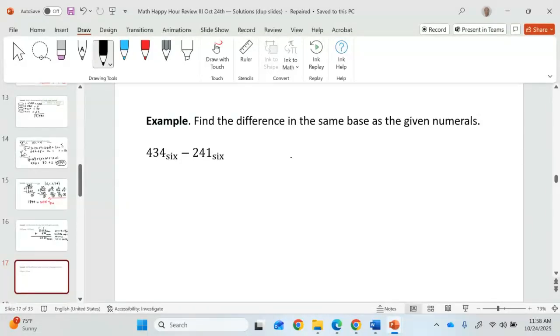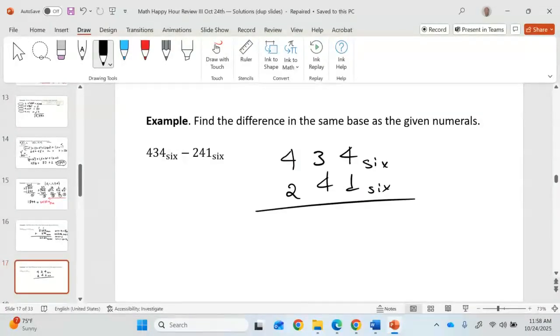Okay, so I may have time for one last example, which is the subtraction. I'm going to set it up just how we subtract and add numbers, and they're both in base 6. And I subtract in the regular way again. 4 minus 1 is actually 3. And then I encounter a problem because if I do 3 minus 4, 3 is actually smaller.